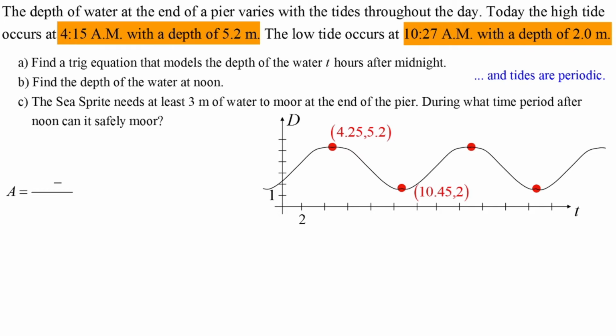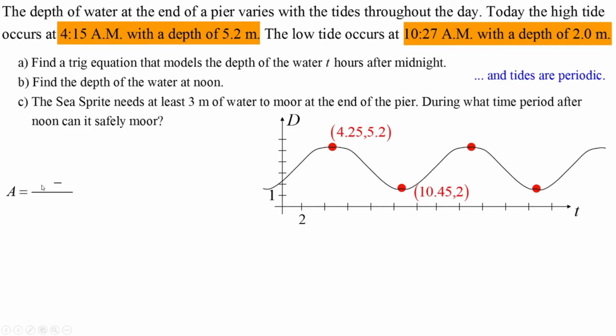So what was the maximum depth? 5.2 minus, and what was my min? 2, which of course is 3.2, and then divided by 2. And let's put that all together here.